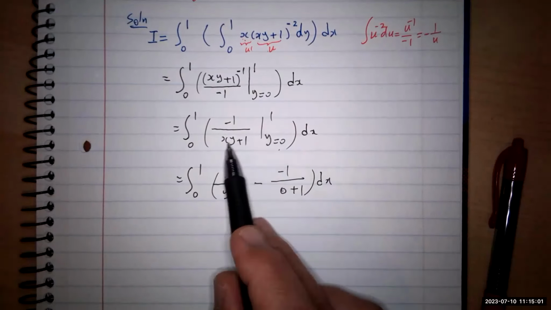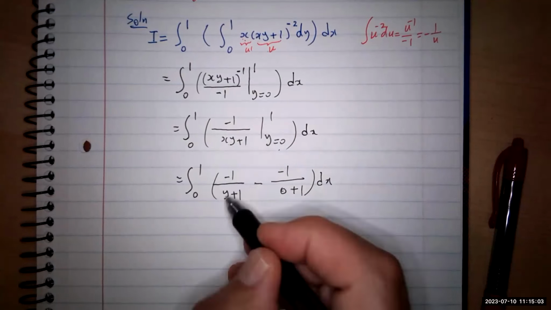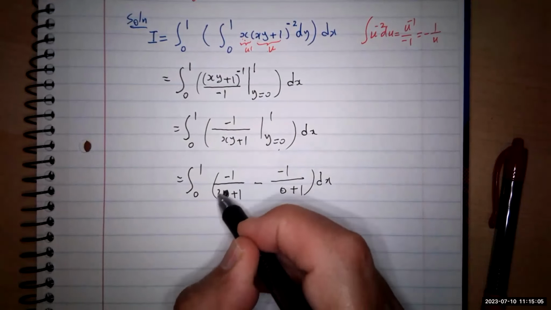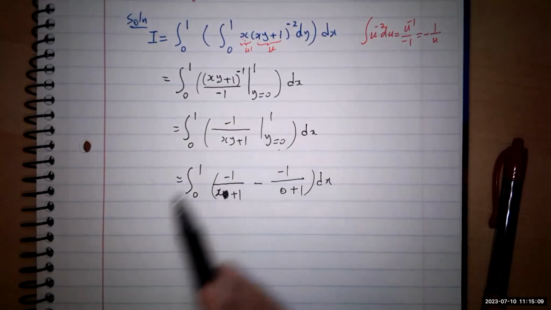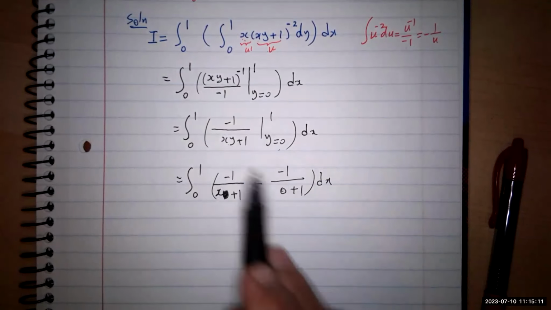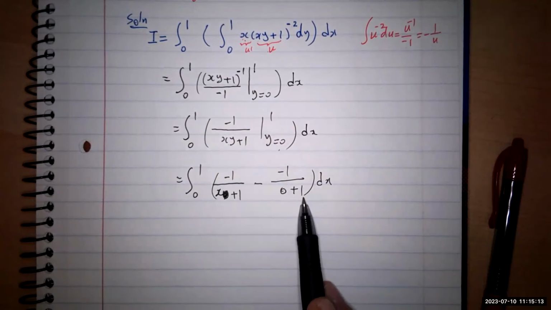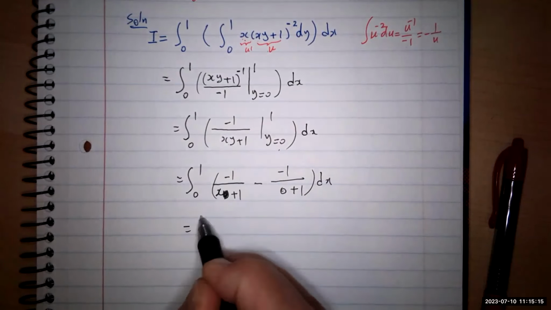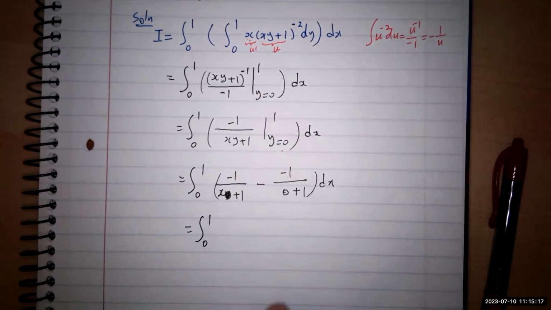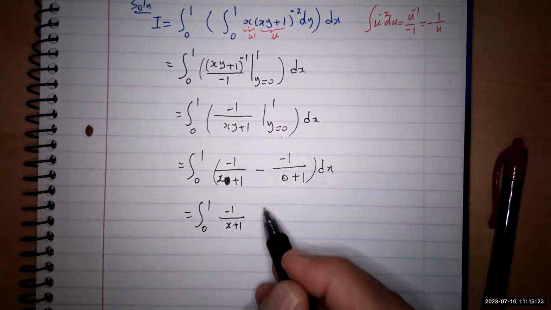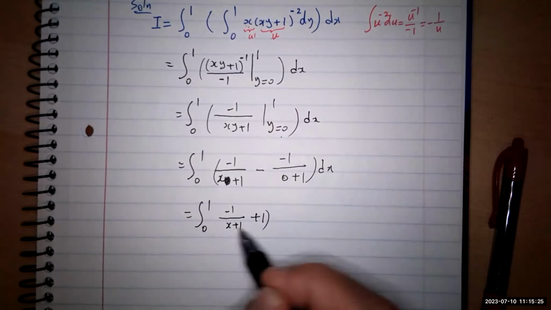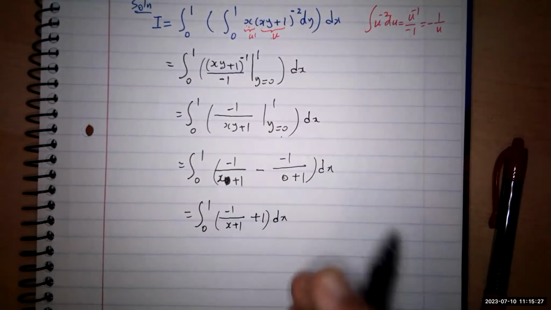I replaced the y by 1, so I end up with the x. So this must be x plus 1. Replace y by 1, that gives x plus 1. Replace y by 0, that gives 0 plus 1. So I have to integrate from 0 to 1 of negative 1 over x plus 1, and that would be plus 1, dx. Any question?